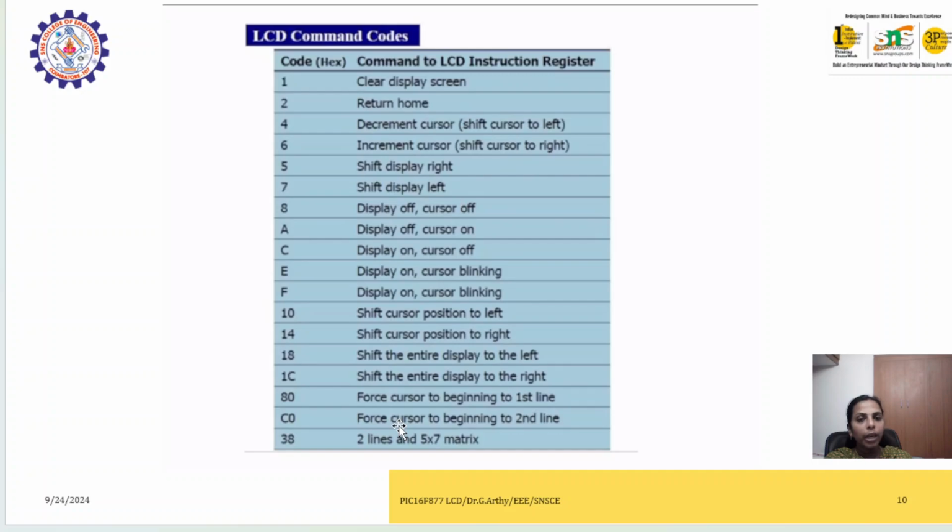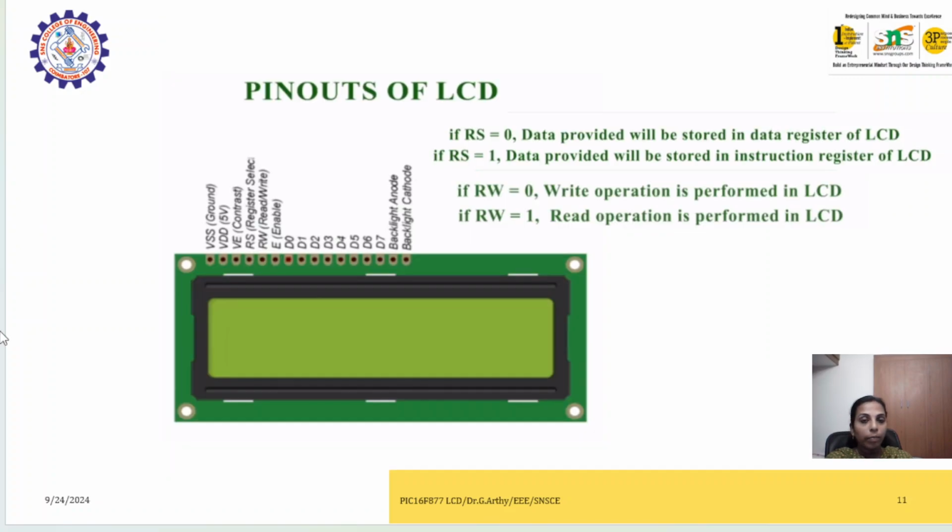So for every action in LCD, we have commands. We'll be calling these codes in the program in order to perform these actions. Okay, so if it is two lines, with a 5 into 7 matrix, then we'll be using this code 38.